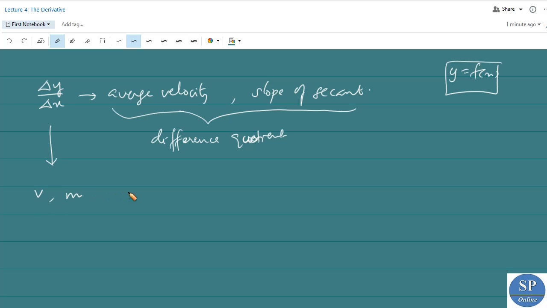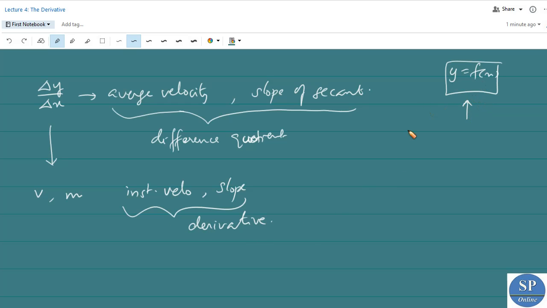V is called the instantaneous velocity, and m is called slope of the tangent. Now, in the general case, we can replace these two terms by derivative.